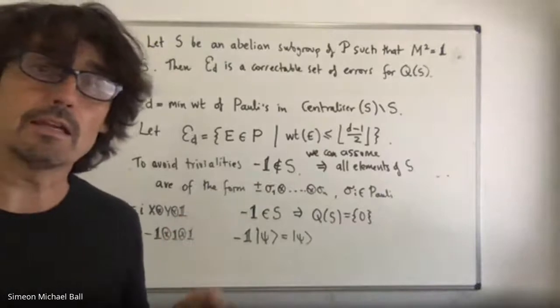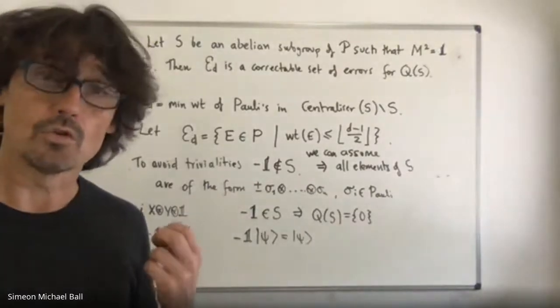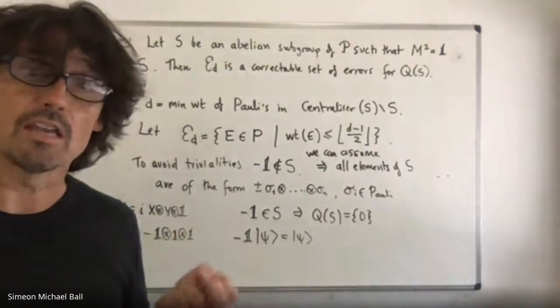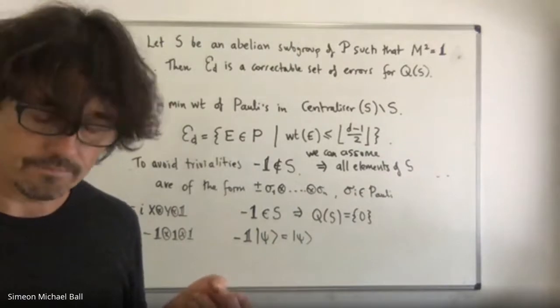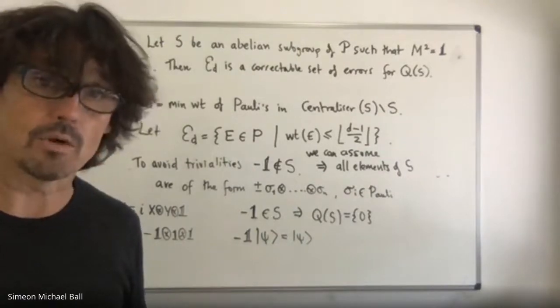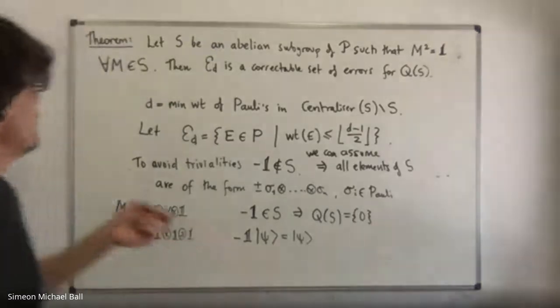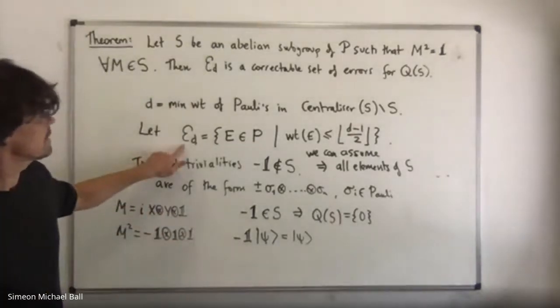I.e., if we put any density operator whose eigenvectors are in this subspace QS, then this set ED will be a set of correctable errors.